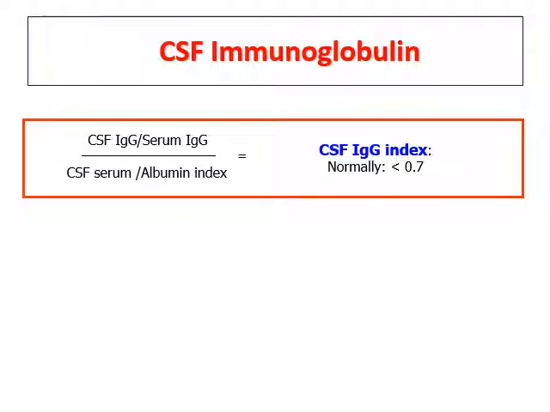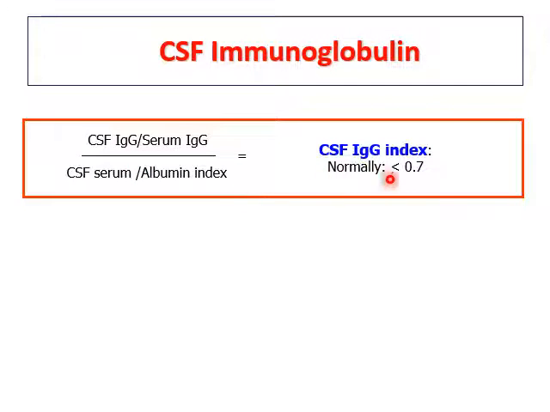Regarding the CSF immunoglobulins, CSF is almost free from immunoglobulins, and they appear only if there is a disturbance in the blood-brain barrier or intrathecal synthesis of immunoglobulins. So we have a formula called IgG index, comparing CSF IgG by the serum IgG, divided by the CSF serum albumin index.